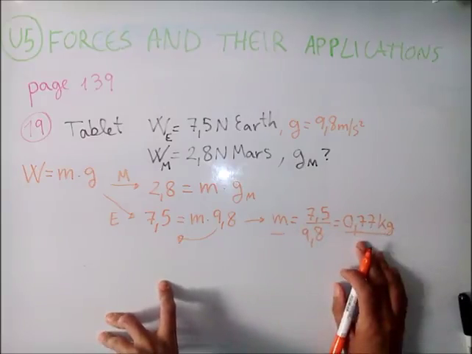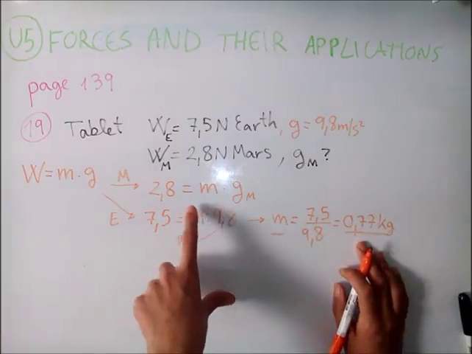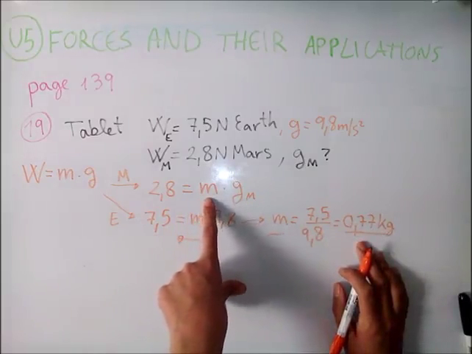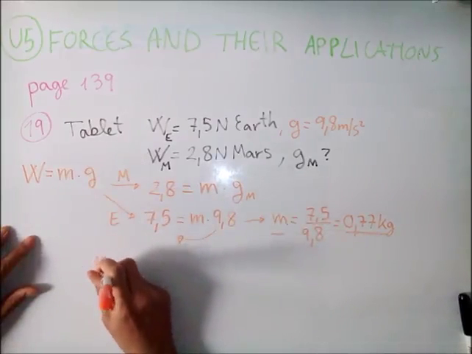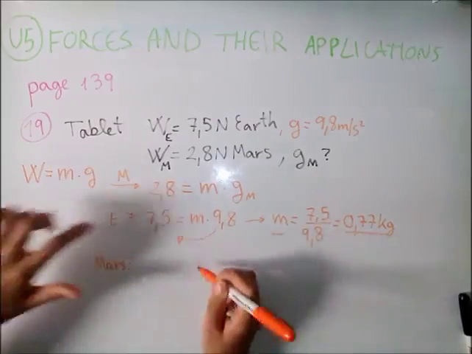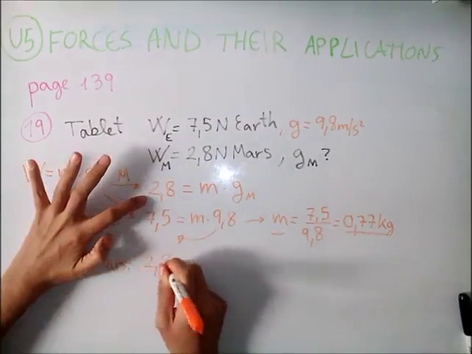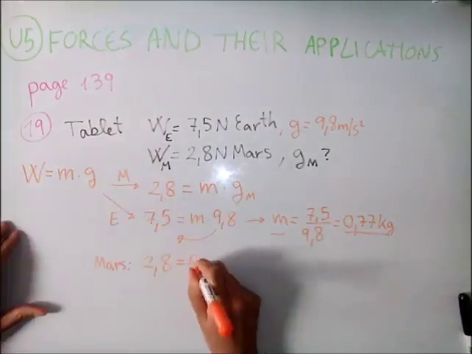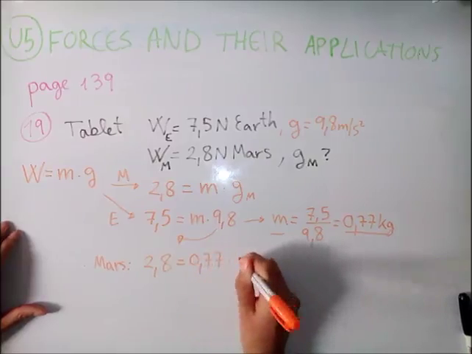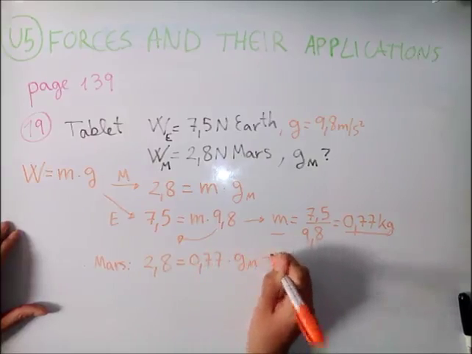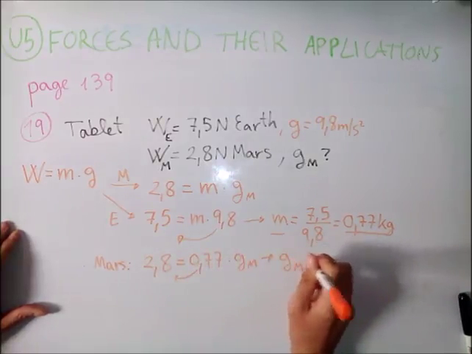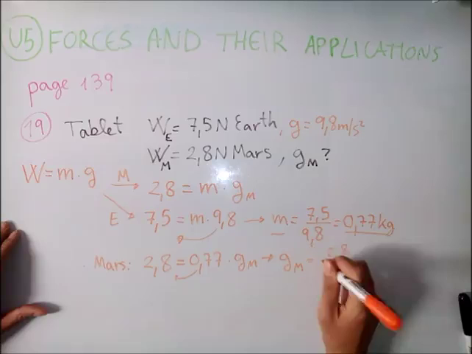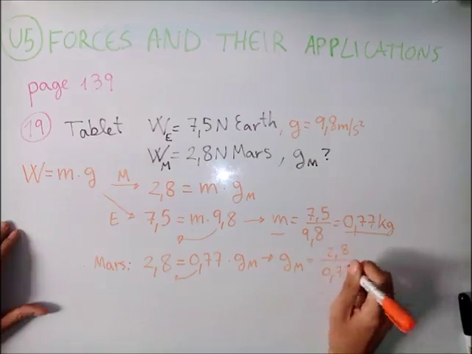Now I do know the kilograms of the tablet. So I can go here and replace the mass, okay? So let's go back to Mars, and I know 2.8 equals the mass, 0.77, multiplied times gravity. So this goes divided to the other side, and gravity on Mars equals 2.8 divided by 0.77.